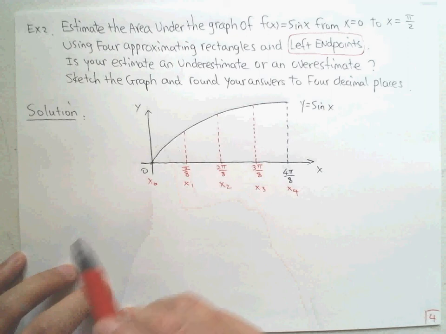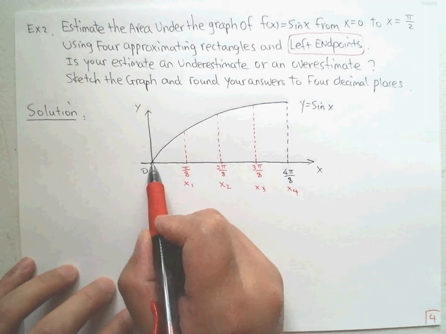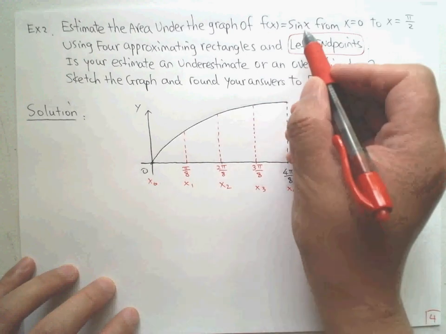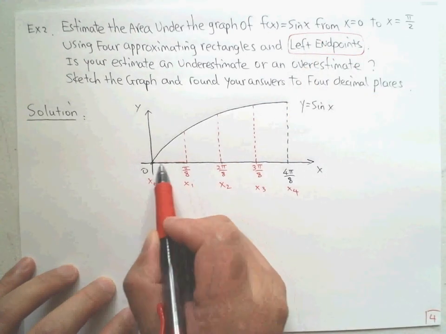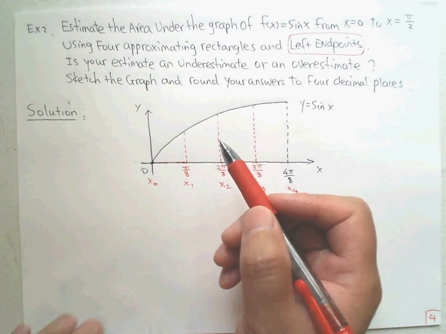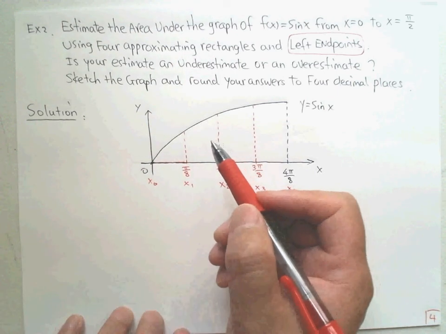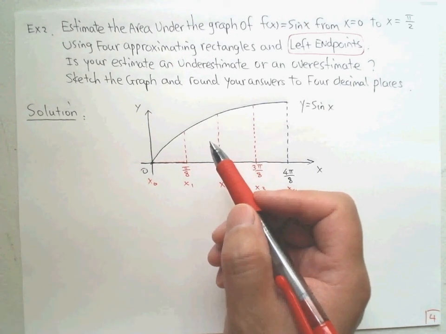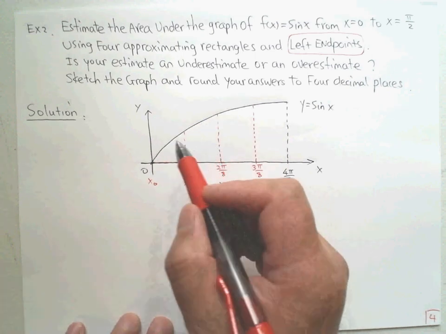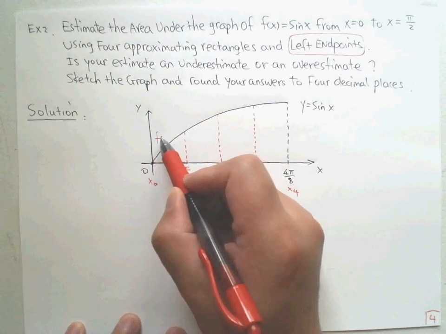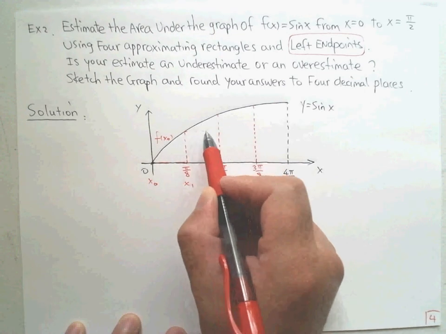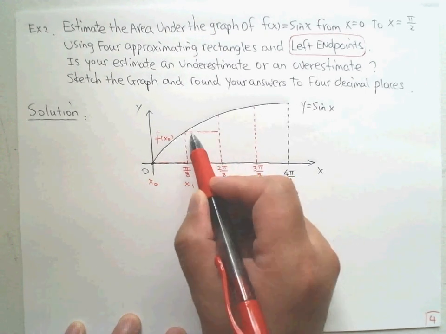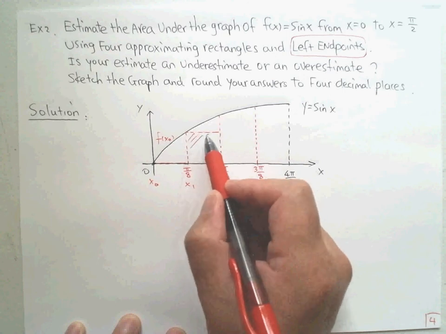So how to find the rectangles? Use the left endpoints. The left f at 0 is 0, because sin at 0 is 0, so this is nothing. The first height is 0. You can see, right? The first height is f at x0. The second left endpoint is this, and this is the height of the second.